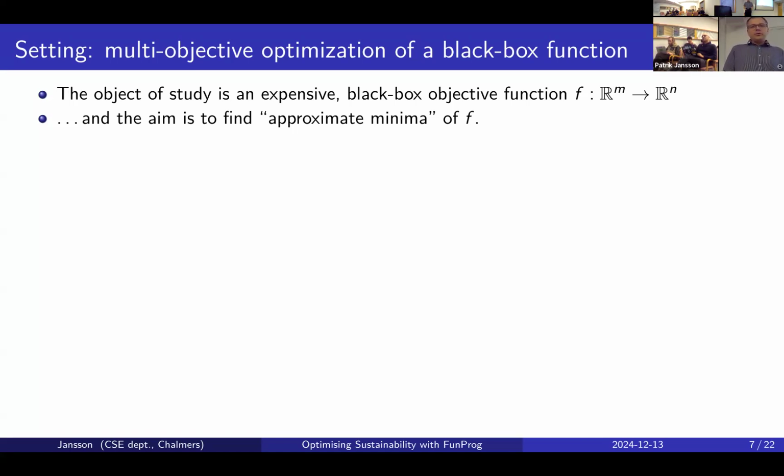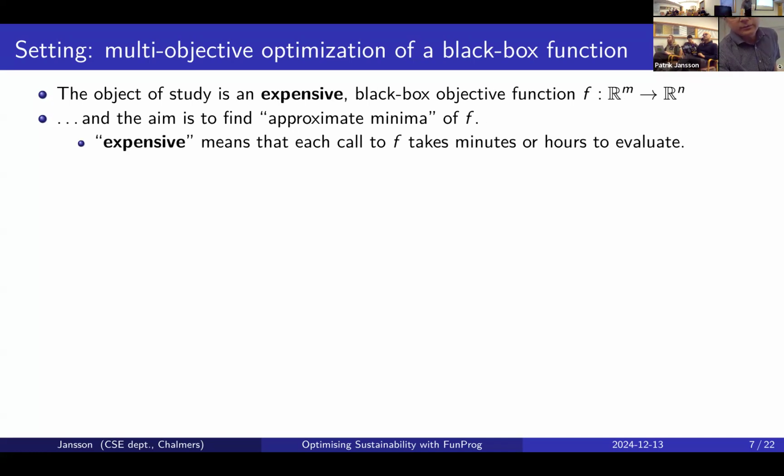We implement floating point numbers, and from the theoretical point of view, it would be nice to have different types with different orders, because sometimes you may want to compute an integer or something like that. But to make this work out with a few people in physics and so on, we basically have to talk about real numbers. So m parameters in, n objectives come out, and then we want to find approximate minima of f. And then I will just expand on the different words here.